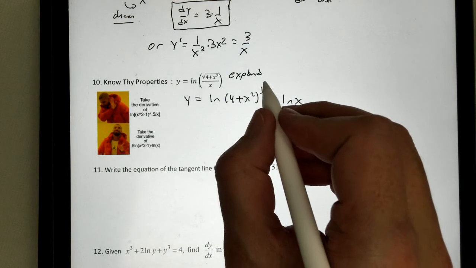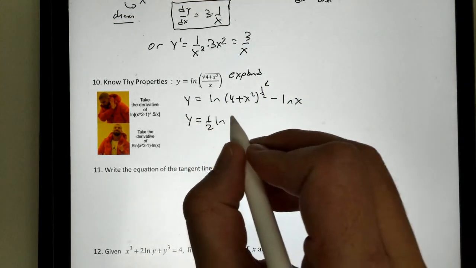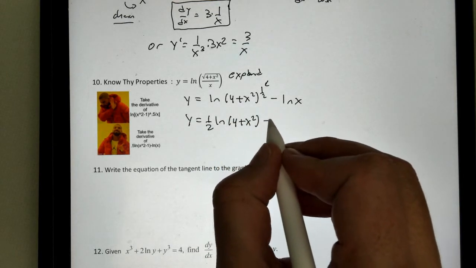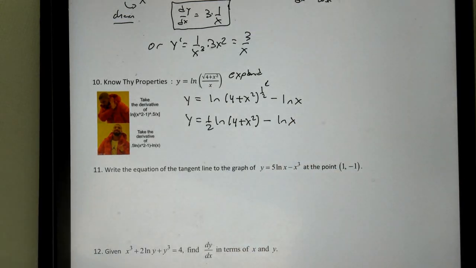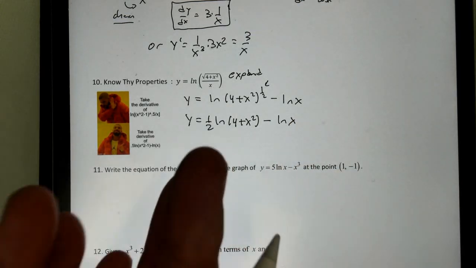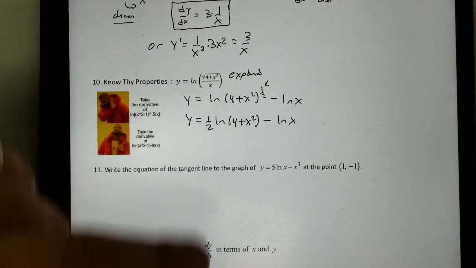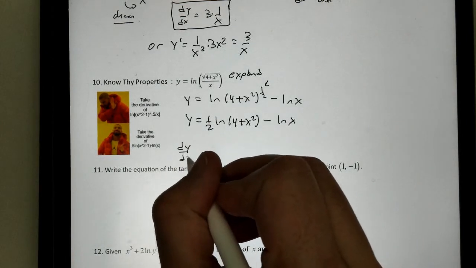Now I'm going to use my power expansion and rewrite this as 1/2 the natural log of 4 plus x squared minus the natural log of x. At this moment, we realize, even though we had to do a little bit of algebra beforehand, if I didn't do it, I'd have to do a quotient rule with a chain rule on the inside. That's nasty. So now I'm ready to take the derivative.